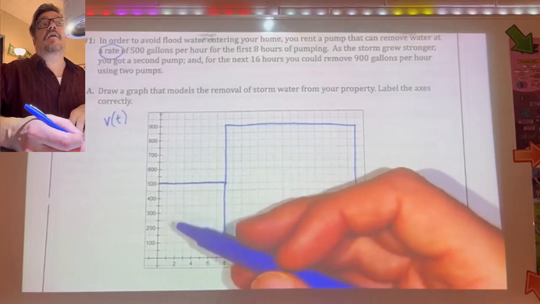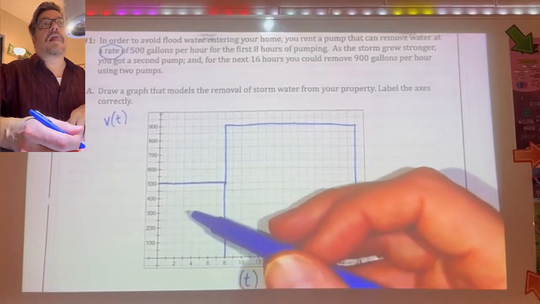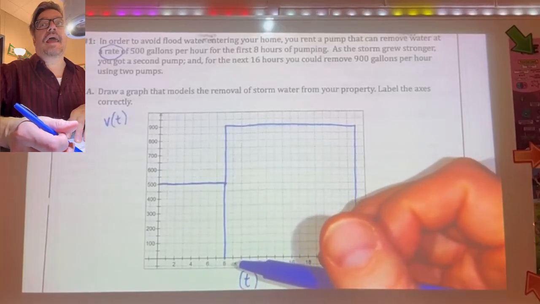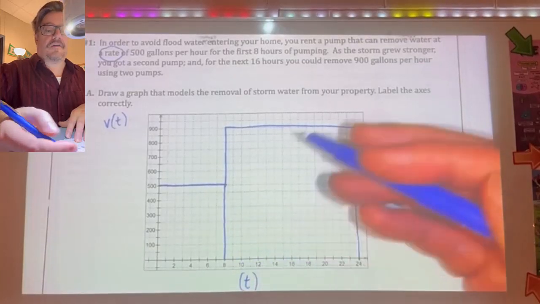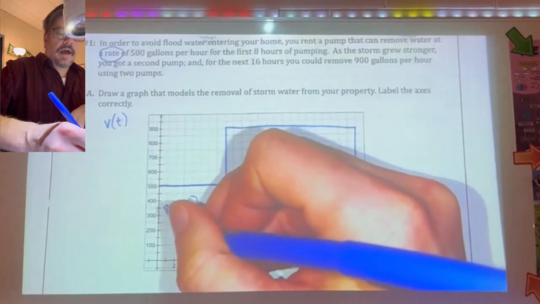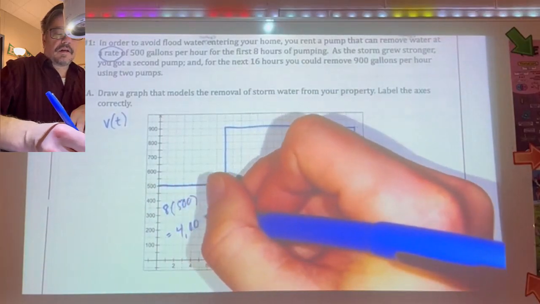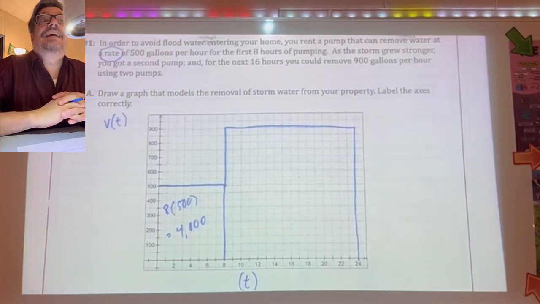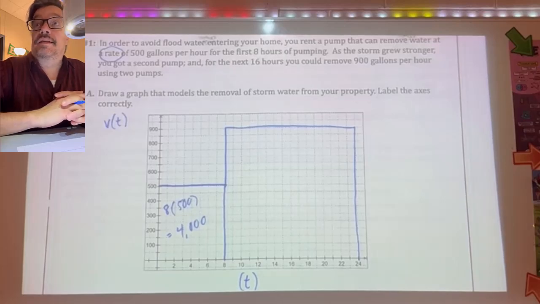What is the area of this first shape? 8? Yeah, 4,000. Okay, let's write 8 times 500. Okay, and it's going to be 4,000. Ladies and gentlemen, what does 4,000 represent? Yeah. Gallons of water removed. Exactly.